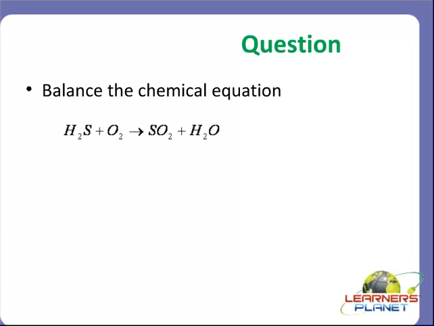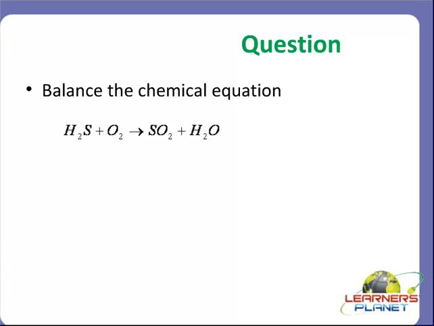Now let's check for sulfur. Sulfur on LHS is 1. On RHS it is also 1. So this is also balanced. Let's check for oxygen. It is 2 here, and on this side it is 2 plus 1, that is 3.